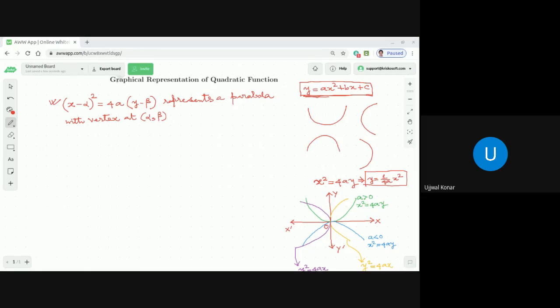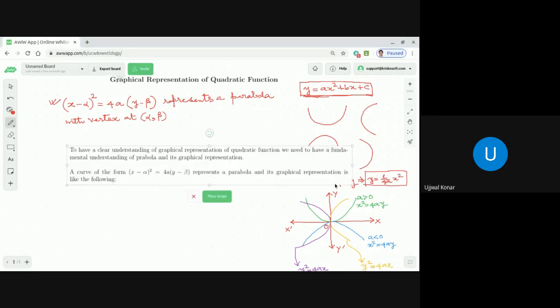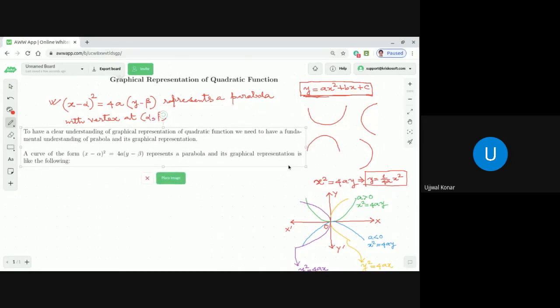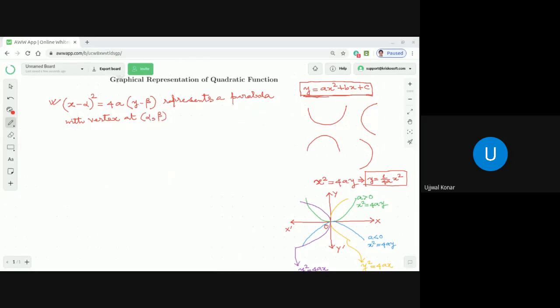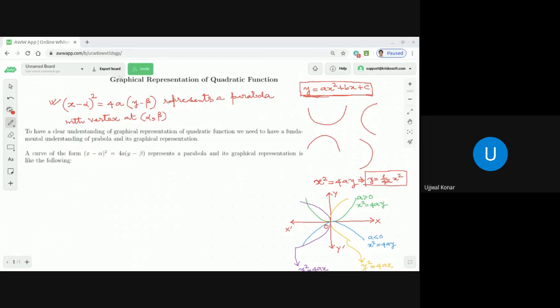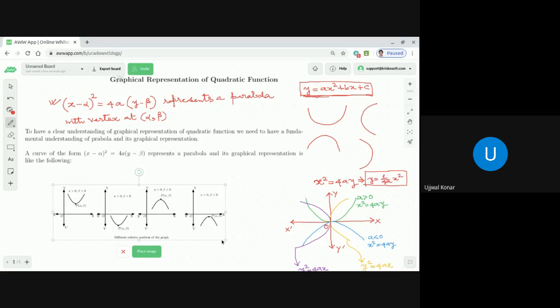Okay, so as I was telling, let me write down the notes also here, and we will see it's a different representation.